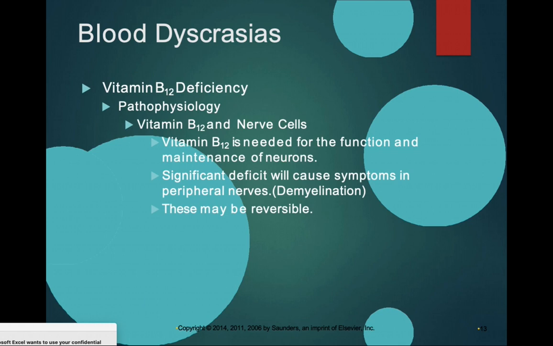Okay, B12 and nerve cells. This is a really important concept. If you remember back to an earlier lecture, I showed you the importance of B6, B9, and B12 in terms of the methylation pathway. I was showing you the importance of folic acid and how many people have this genetic SNP in the methylenetetrahydrofolate reductase enzyme that converts tetrahydrofolate into methyltetrahydrofolate, and that is such an important form.